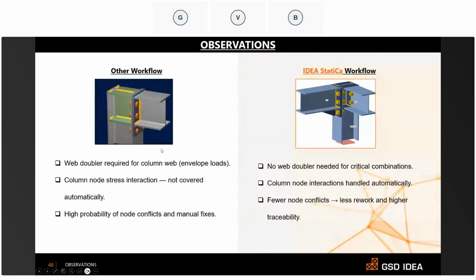If missed, it might cost you costly refabrication errors later on. However, in IdeaStatica, you can notice all such details earlier on, because you will be doing it for the node, not as an isolated case. So there will be very few or no conflicts at all, because you can view this before it happens.